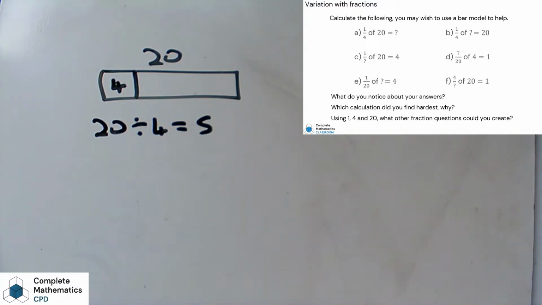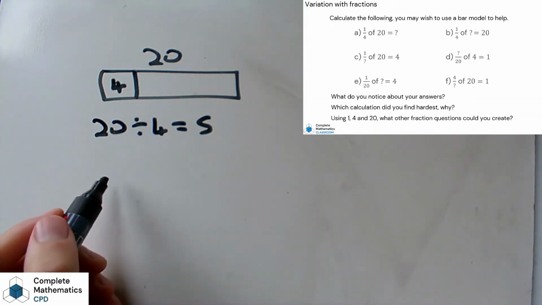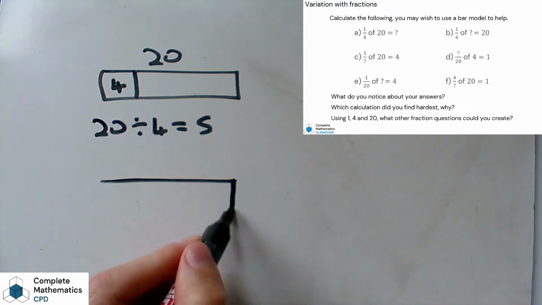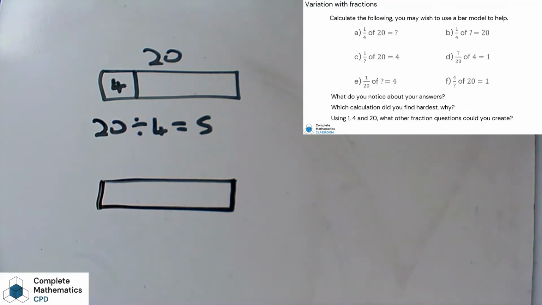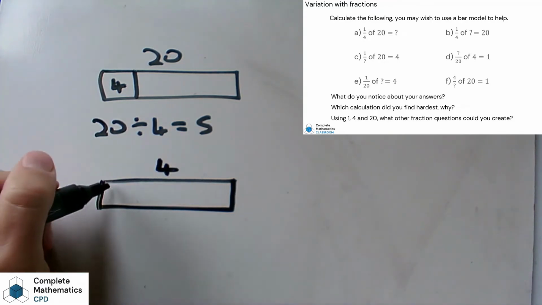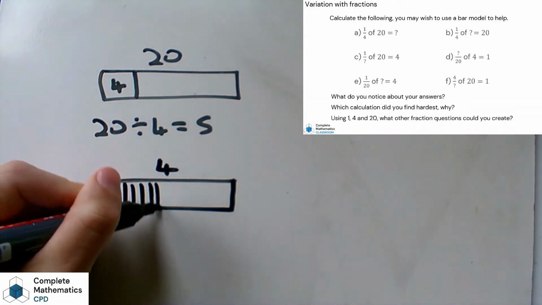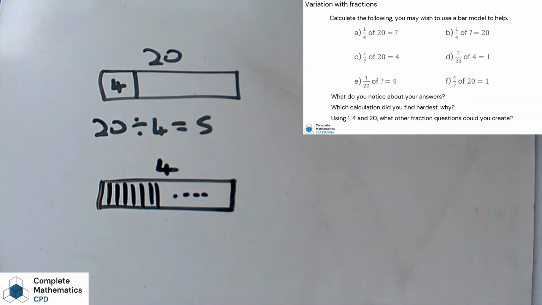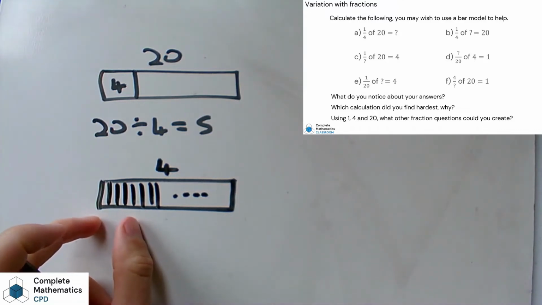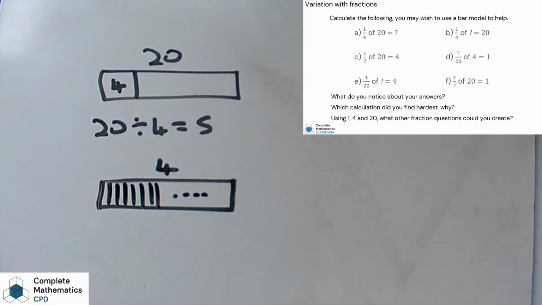Now D, it switches round, and this time we're trying to find an unknown numerator. And we're getting towards the realms of tricky to model now with a bar model. So this time we know the total is 4, and we know we've got 20 parts. So I'm just going to draw a few of them. And we want to know, okay, how many of these 20 parts have a value of 1? So how many of these do we need, that meaning of the numerator here, to get a value of 1?